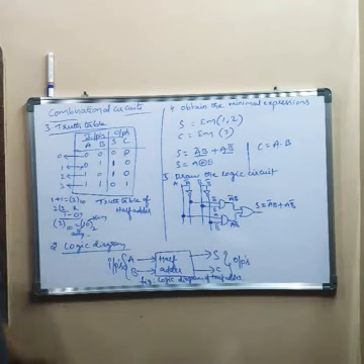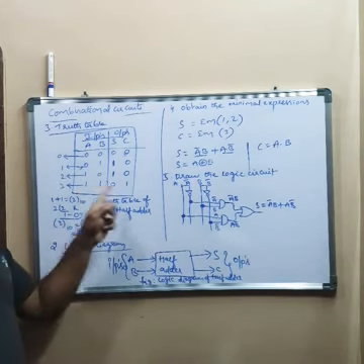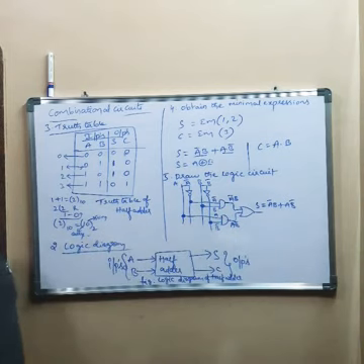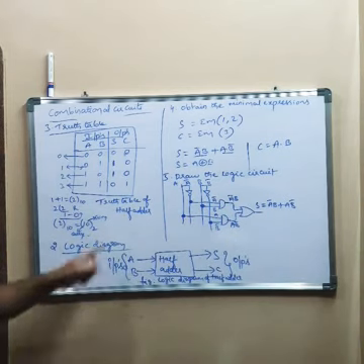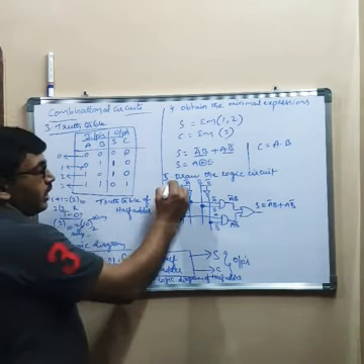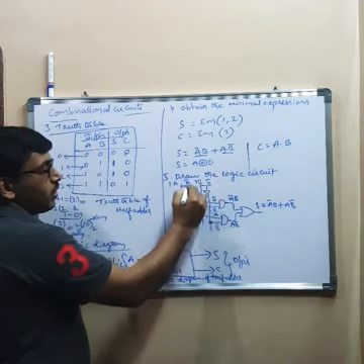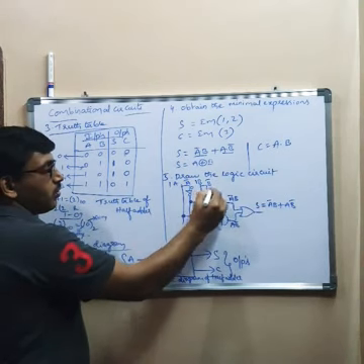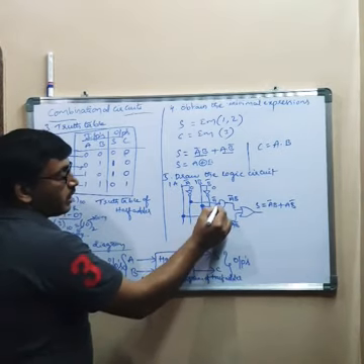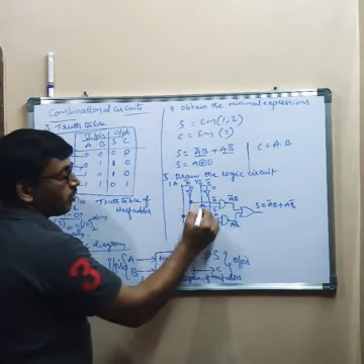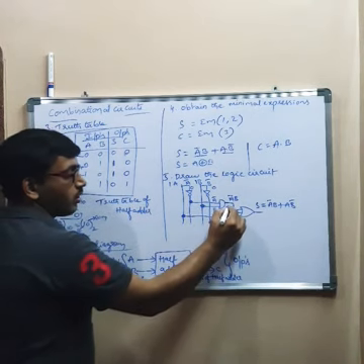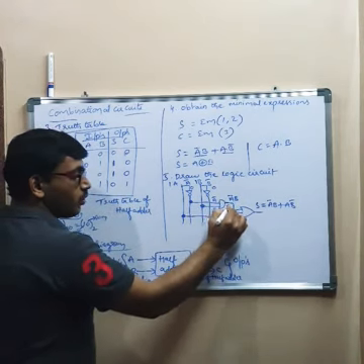You can choose any combination from the truth table. You apply that combination at the inputs and verify the outputs. Suppose let us take third one. I have taken 1, 1. A is 1, B is 1. What will be A bar? 0. B bar? 0. So 0 is connected here. 0 dot 1 will be 0.